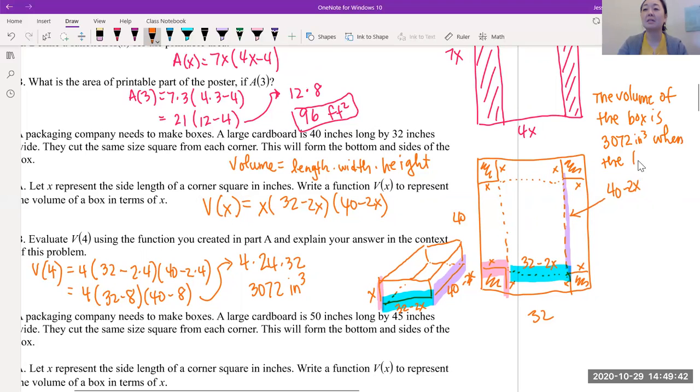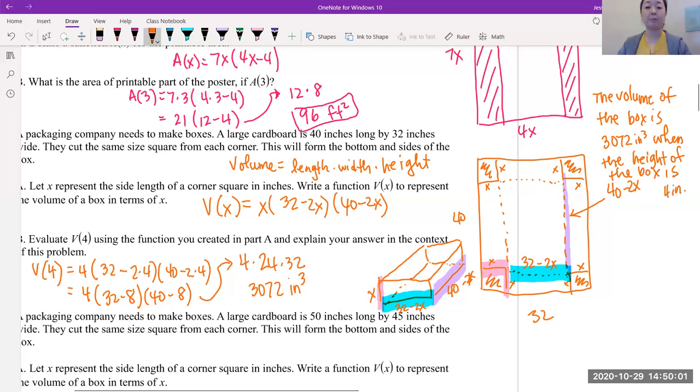When the height of the box is, we said, 4 inches. Okay, that's what I would write. So we wrote that in context.